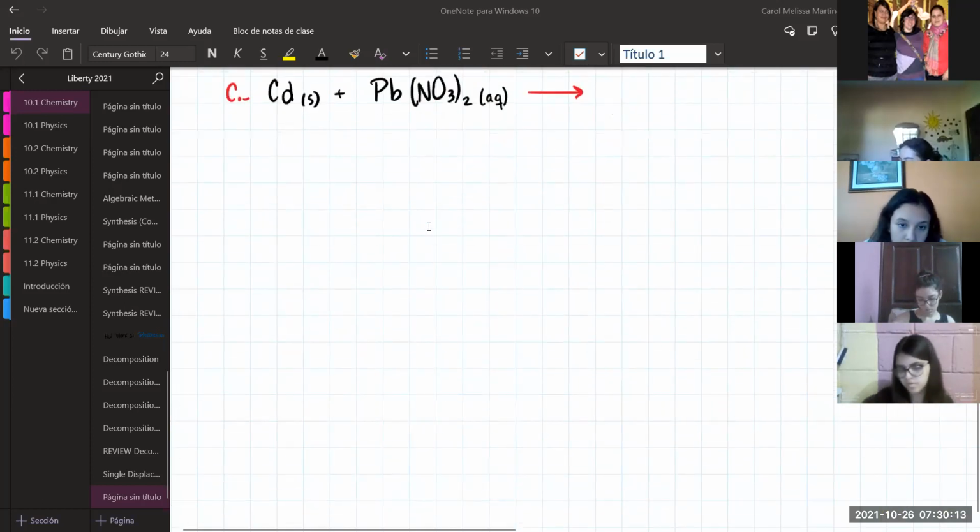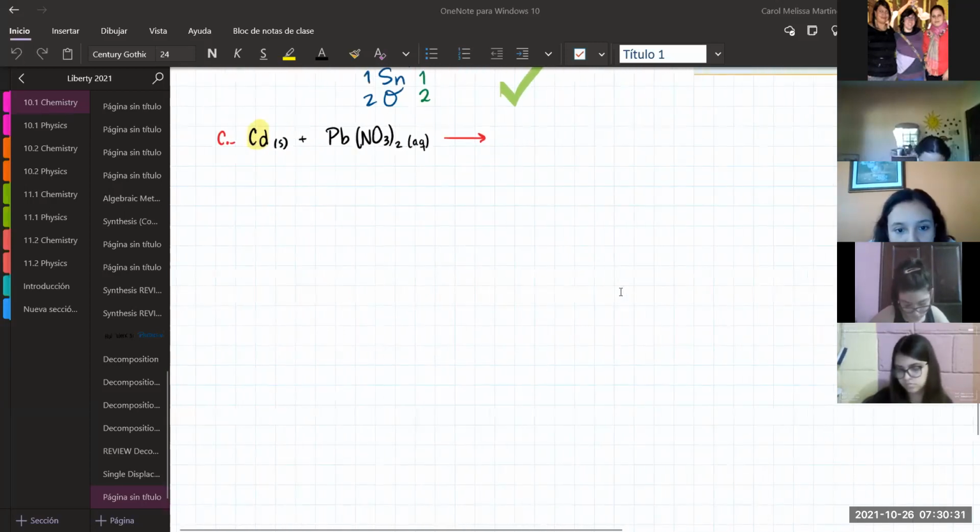So this is what I have in the third example. Solid cadmium plus lead 2 nitrate. I want to see if it is reactive. Now take a look. Cadmium is alone, so I'm going to focus on cadmium.